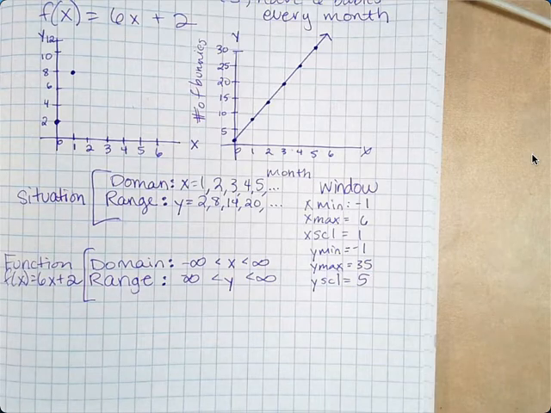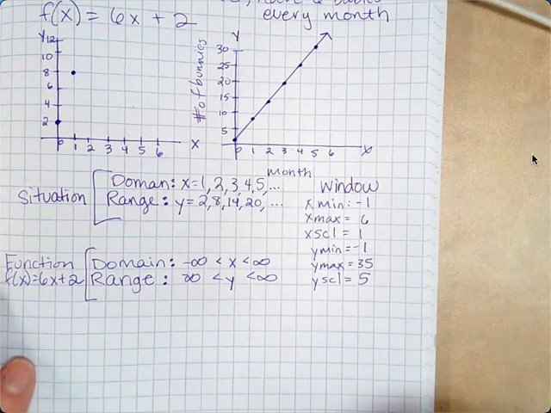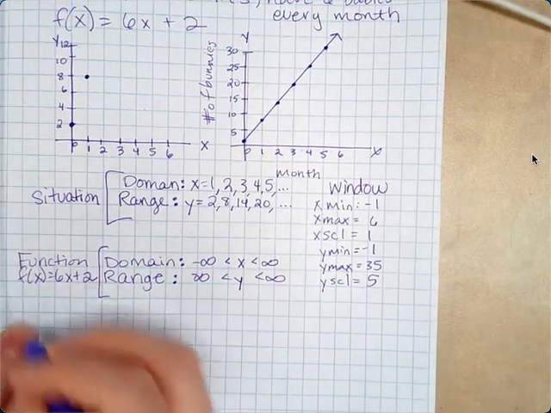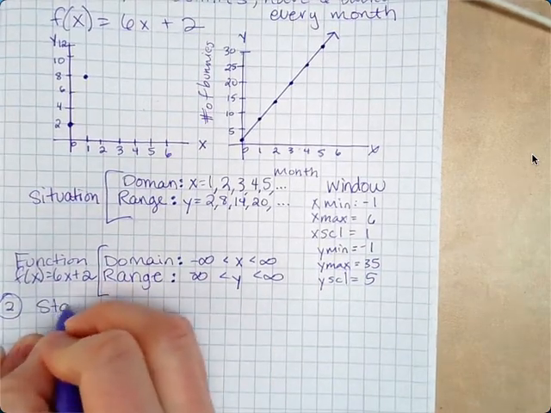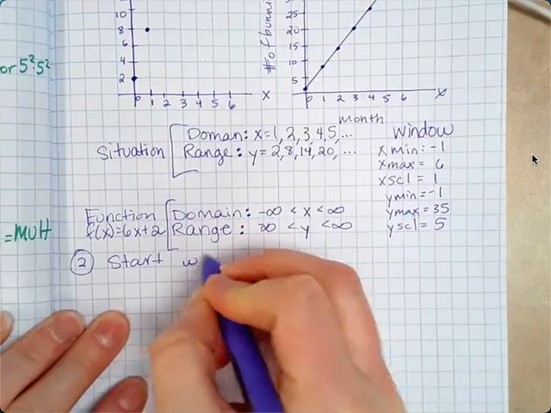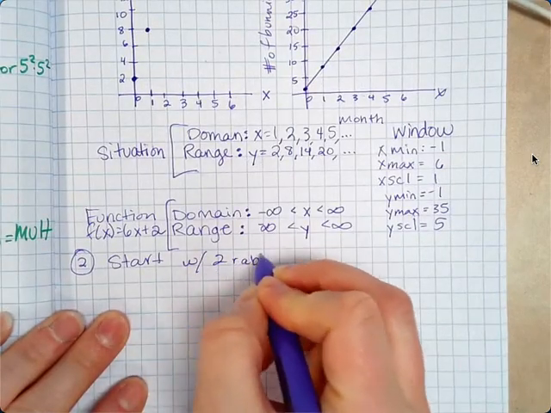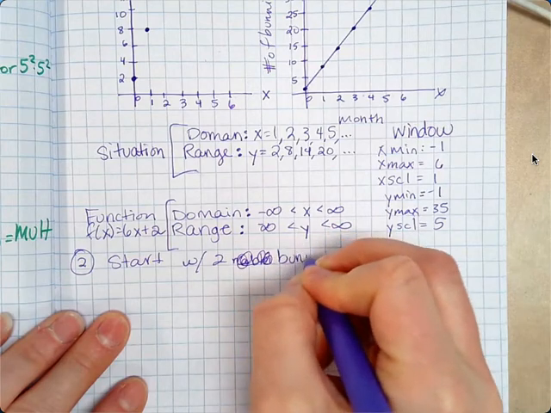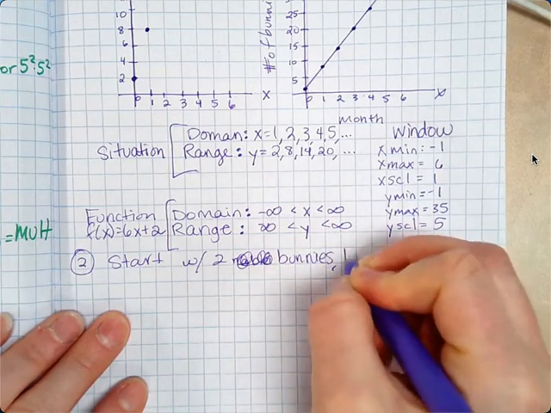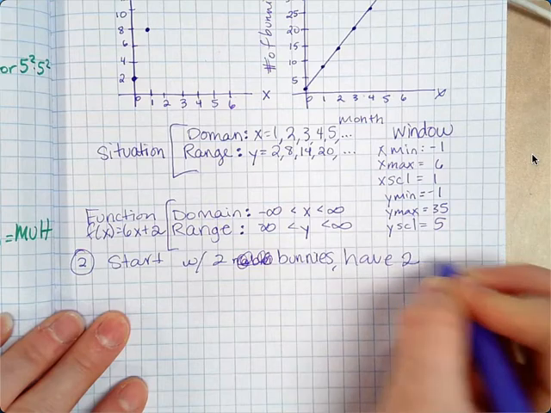So now let's do another one. Problem 2. We're going to start with 2 rabbits. I don't like writing rabbits. I'd rather write bunnies. And have 2 every month.